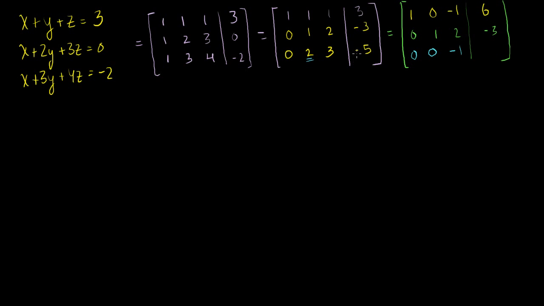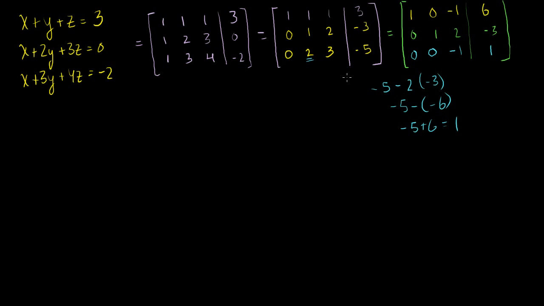And then finally, minus 5 minus 2 times minus 3. That's minus 5 minus minus 6. That's minus 5 plus 6, which is equal to 1. I really wanted to make sure I didn't make a careless mistake there.